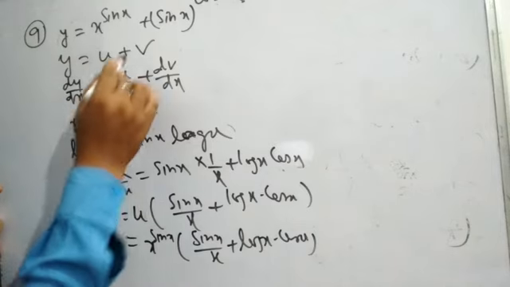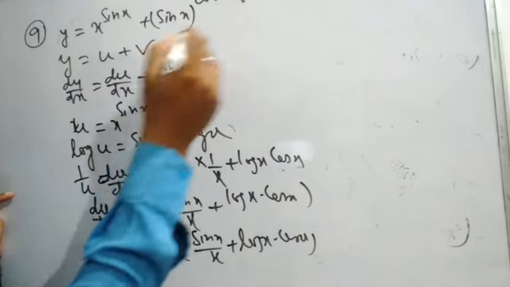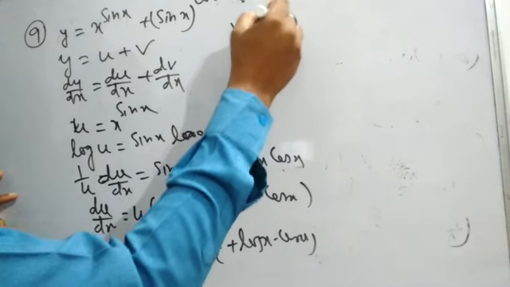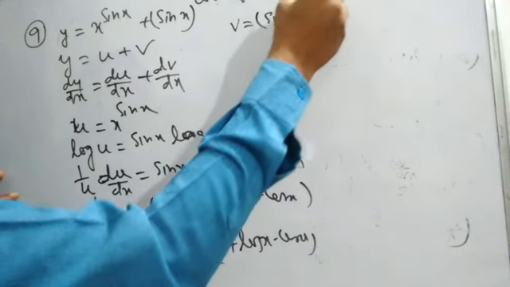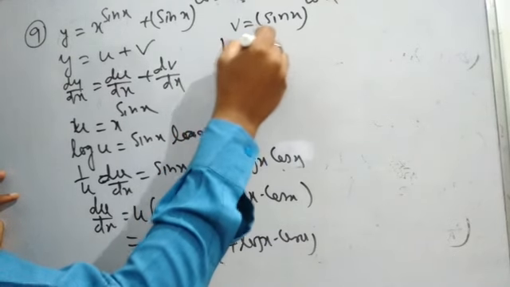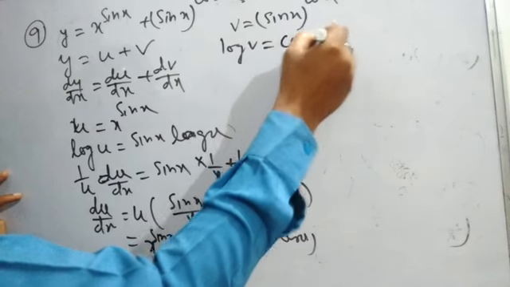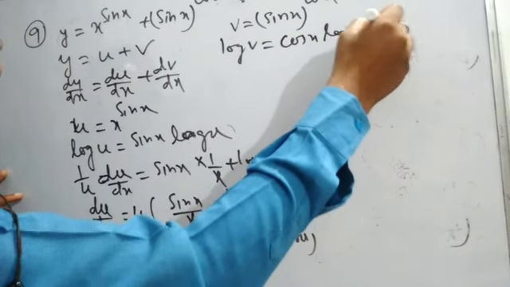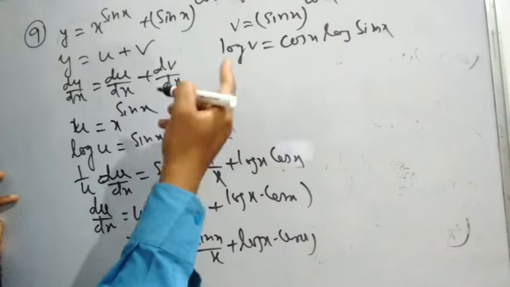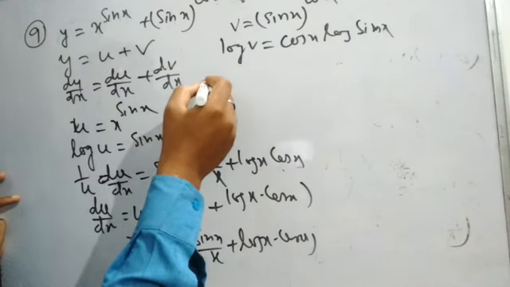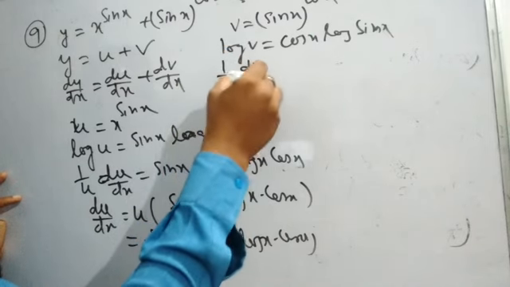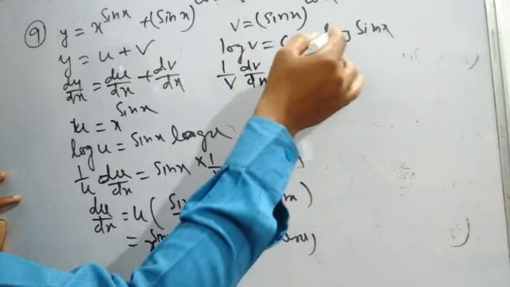Similarly, you have to find the value of dv by dx. Taking here v is equal to sin x whole to the power cos x, then taking logarithm you will get log v is equal to cos x log sin x, using property number 3 of the logarithm. Then taking derivative with respect to x, 1 by v dv by dx is equal to, in uv form, that is product rule.